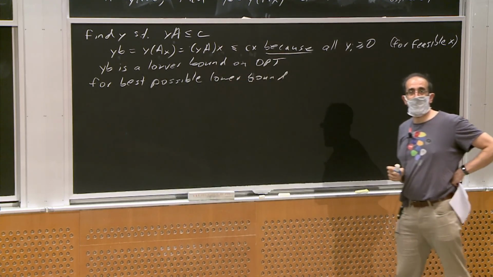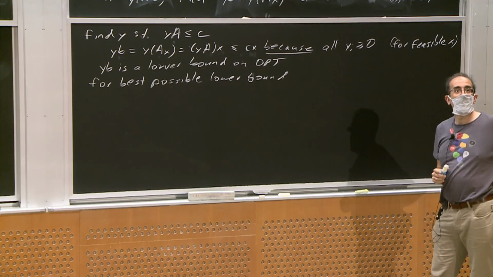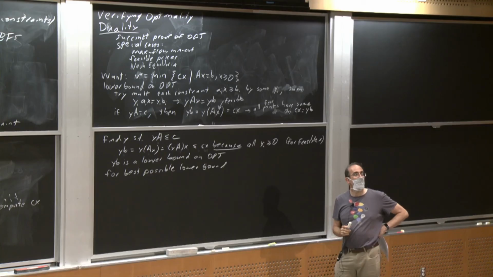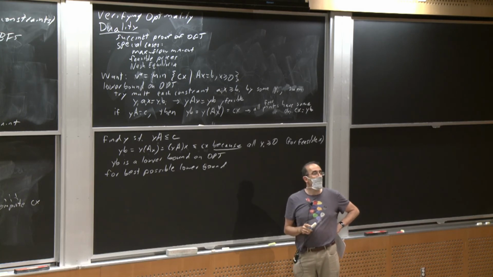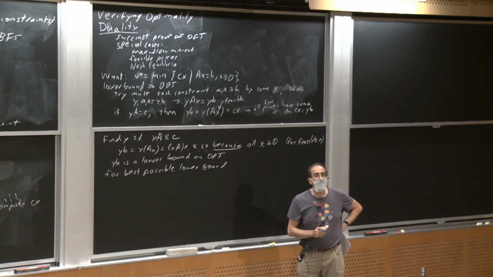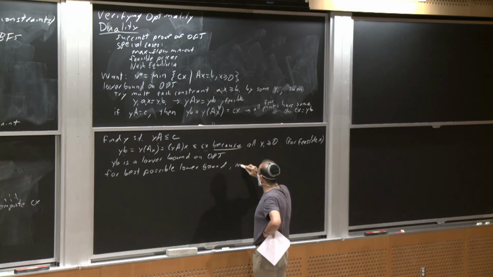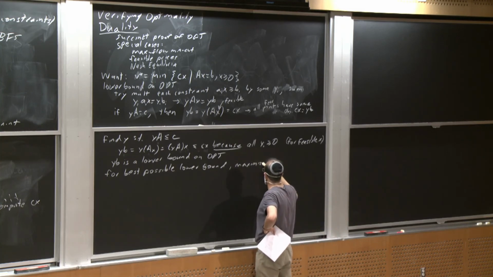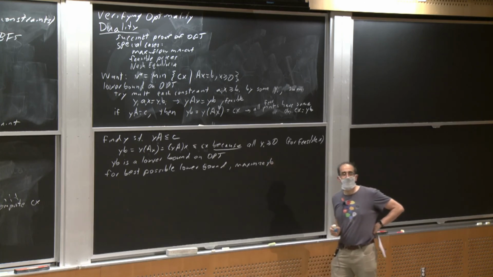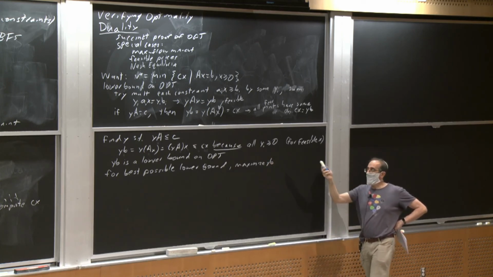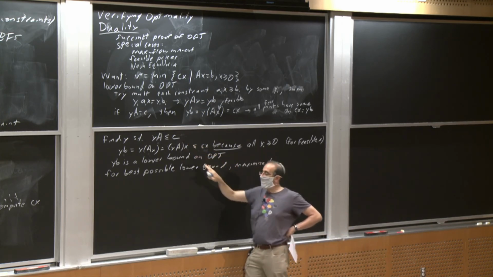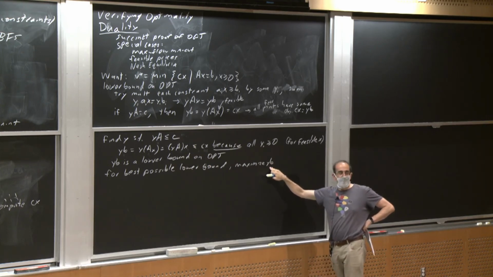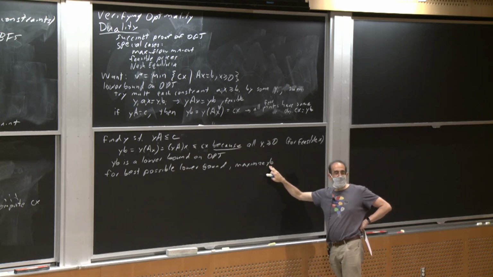What do I want to do to get the best possible lower bound? Y is a vector. I can't maximize it. Yes? I want to maximize yb. Every y that satisfies this inequality is a lower bound. So if I just look for the largest possible lower bound, I can do that by maximizing yb.